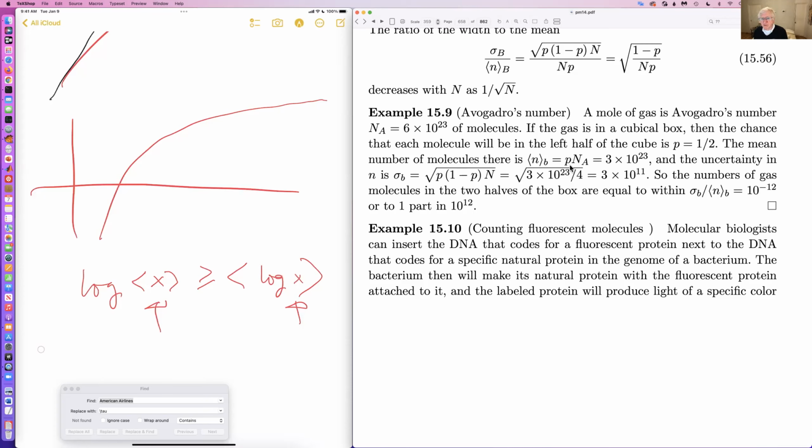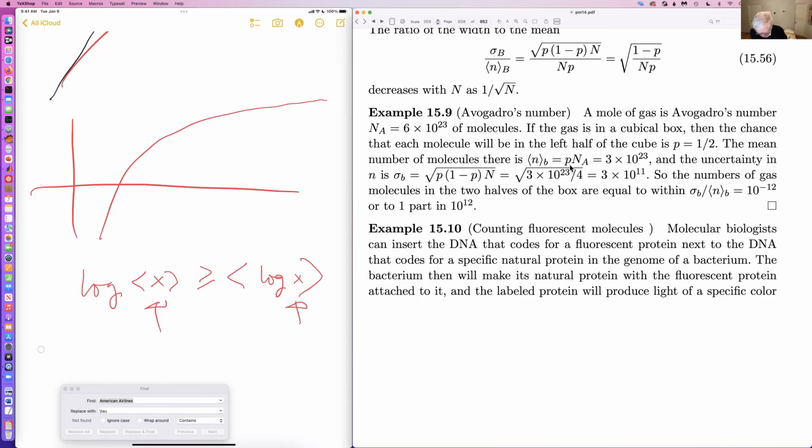If you put it in a cubical box, the chance of each molecule being in the left half is a half. The number of molecules is huge. The uncertainty in n is 3×10 to the 11th. So for the number of molecules in the two halves, sigma over average value is 10 to the minus 12, or 1 part in 10 to the 12.